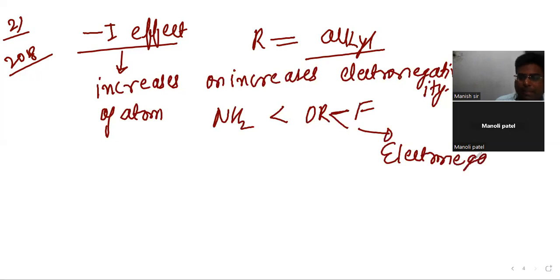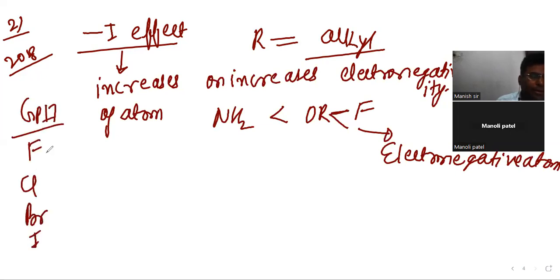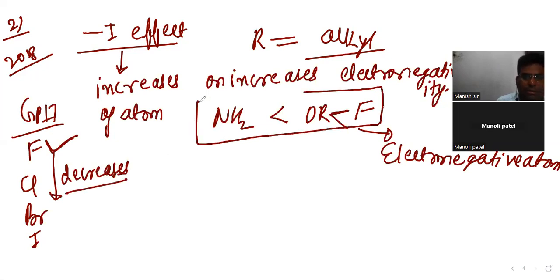As we know, group 17 contains fluorine, chlorine, bromine, iodine. Fluorine is the most electronegative atom, and down the group electronegativity decreases. So this is the order. The most appropriate answer is C, so you can see the option; this belongs to the C group.